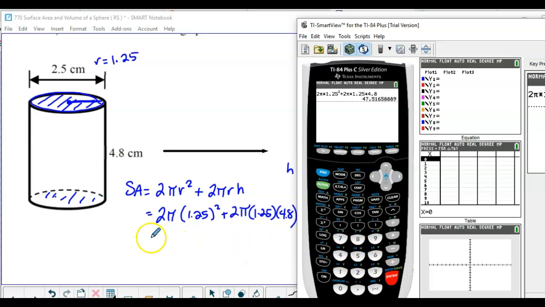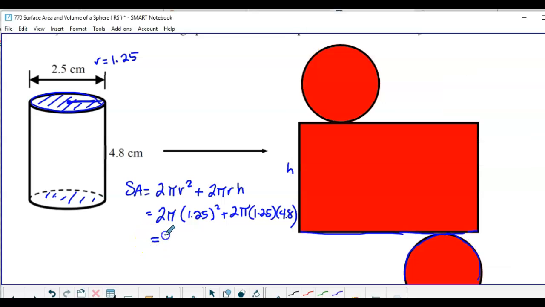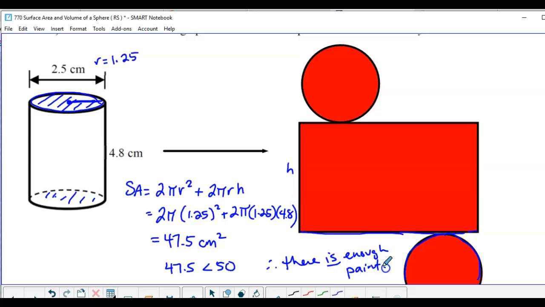Okay, so that's 47.5. This is our final answer. So 47.5 centimeters squared. So that is less than 50. So therefore, there would be enough paint in that bottle.